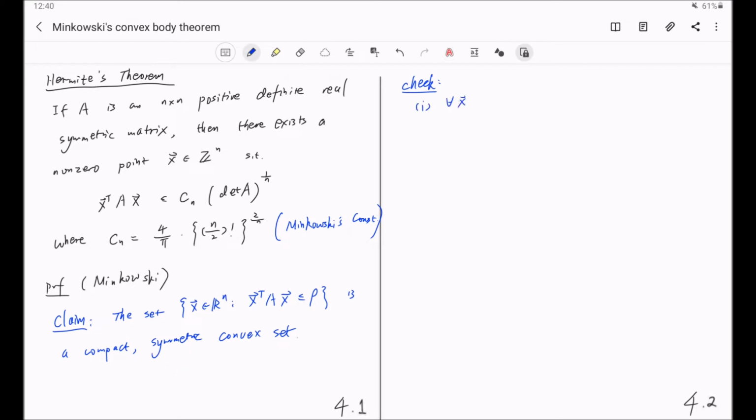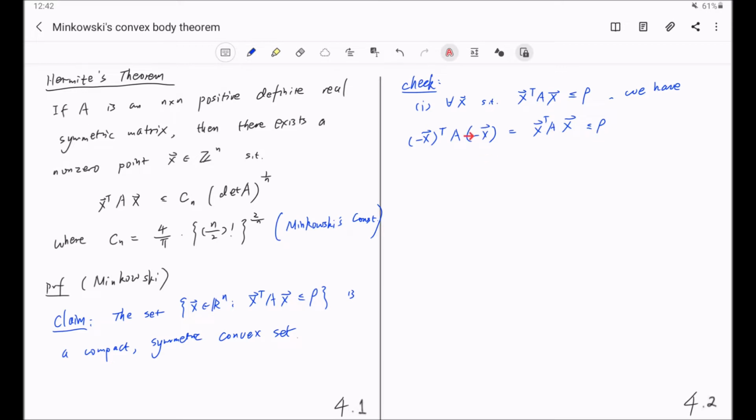For any x such that this product is less than or equal to rho, we have immediately that negative x transpose times A times negative x is equal to x transpose A times x, which is less than or equal to rho.